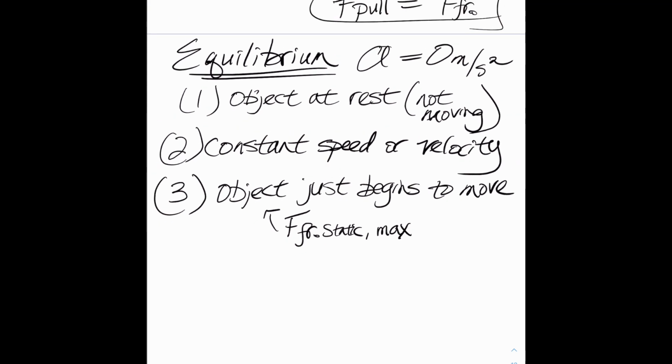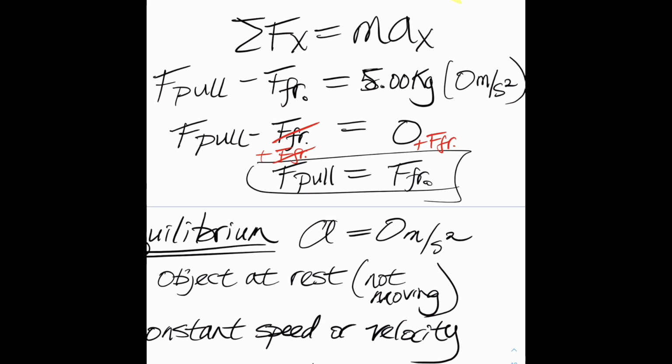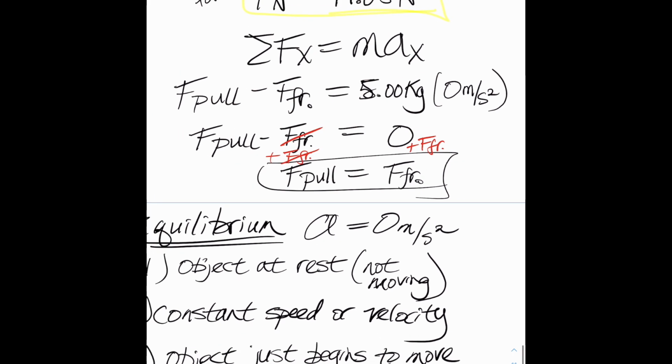All right, so three situations of equilibrium, and if we had called this static or kinetic, it wouldn't have mattered. This relationship right here is going to be true in this problem for either. But what we're saying then is that the pulling force is different in those two situations.